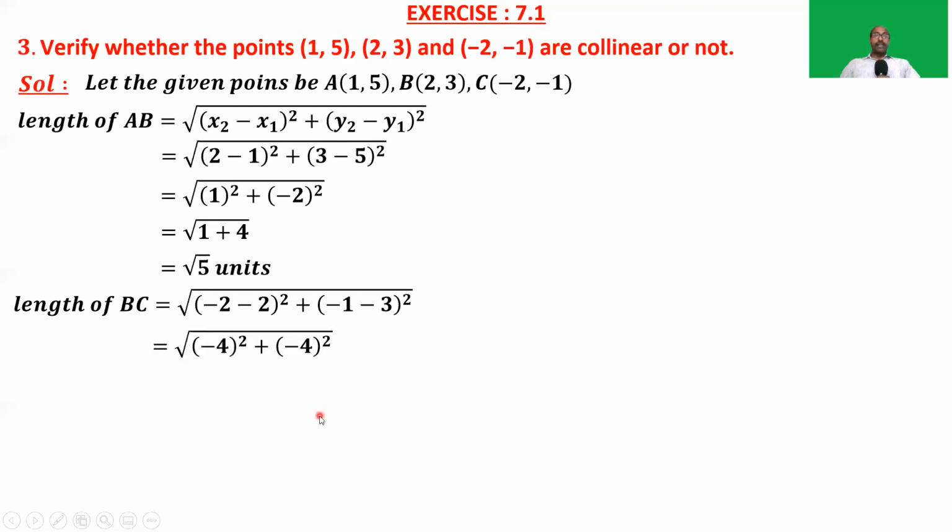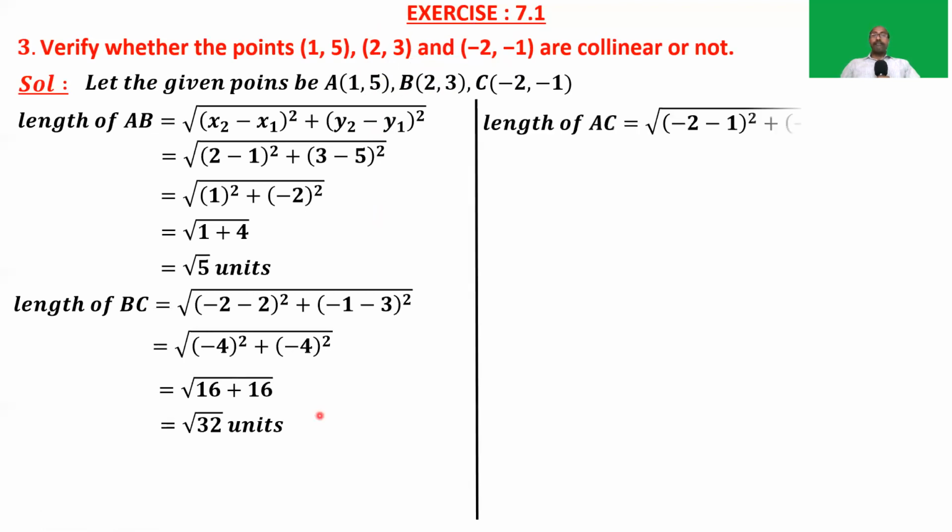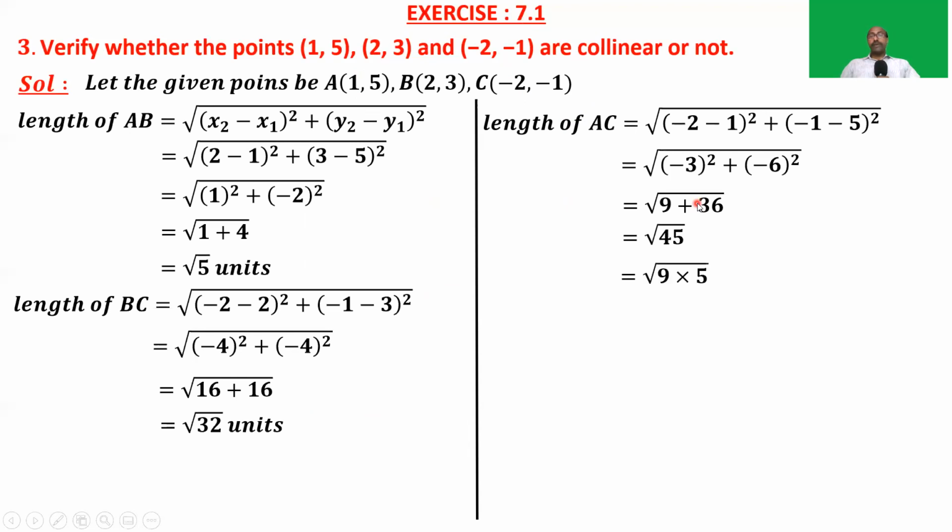So the length of BC is equal to root 32 units. And now the length of AC. Length of AC is equal to under root (-2 minus 1) whole square plus (-1 minus 5) whole square. And that one is equal to under root (-3) whole square plus (-6) whole square, which is equal to root 45 and can be written as 3 root 5 units.